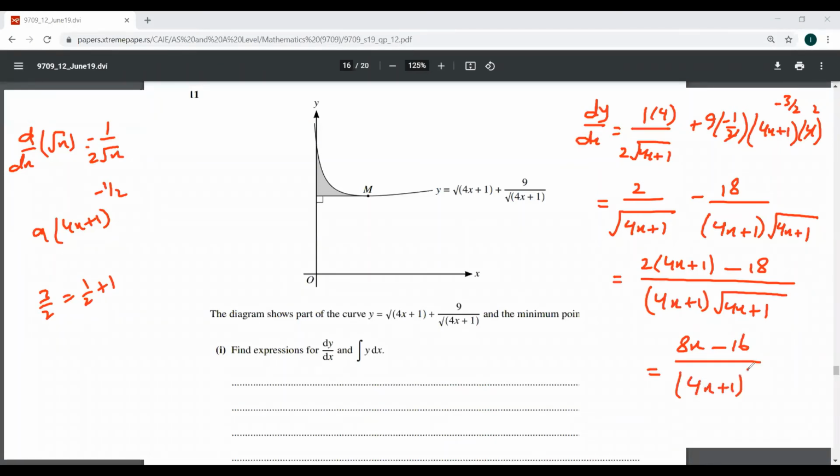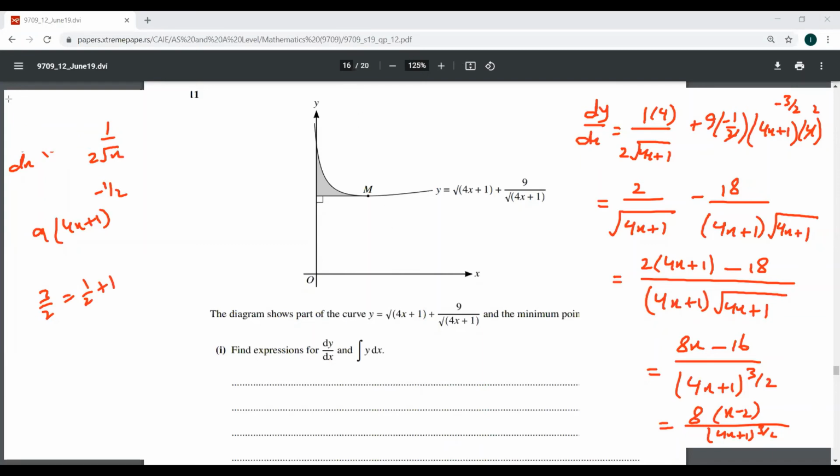And now I'm going to write it as 3 over 2. You can take 8 common if you want. So that is the first part. We have to find the dy by dx. I hope you people recalled your P1 differentiation.